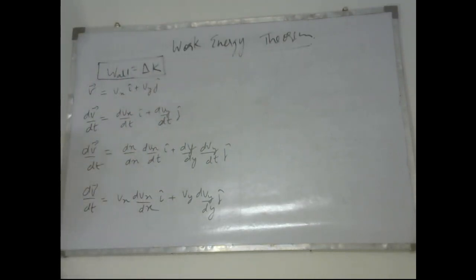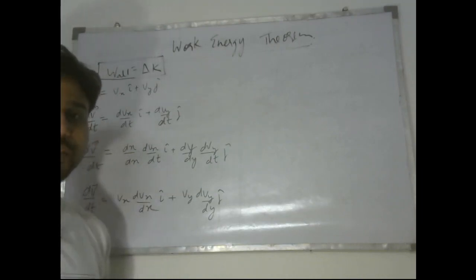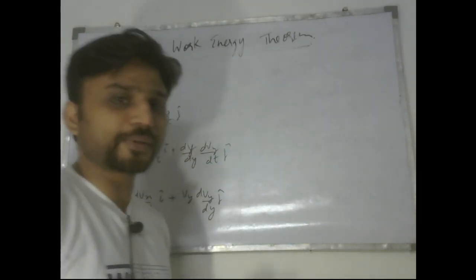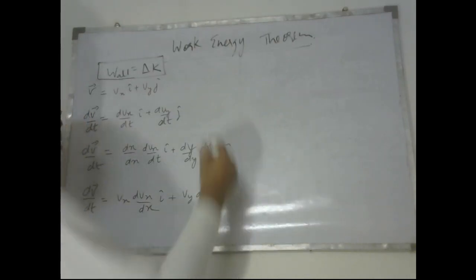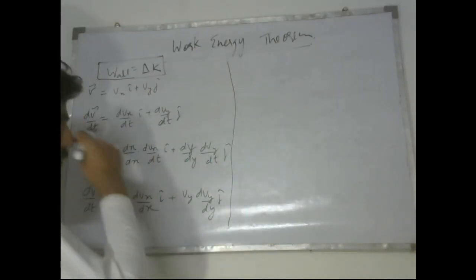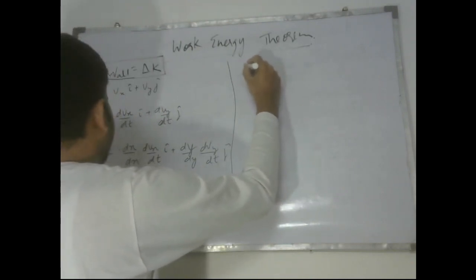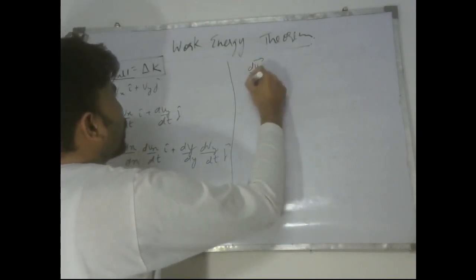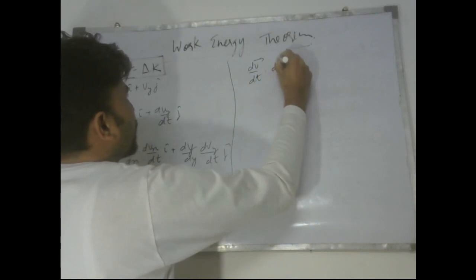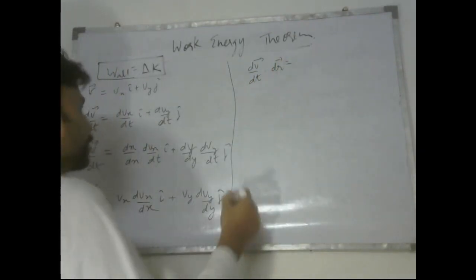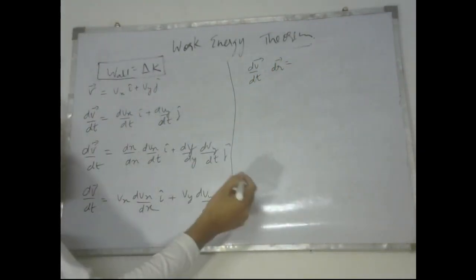So let us multiply this particular expression with the change in position of the particle. So dv by dt dot dr, that is, we are taking the scalar product. So dr vector, we know what is dr vector.